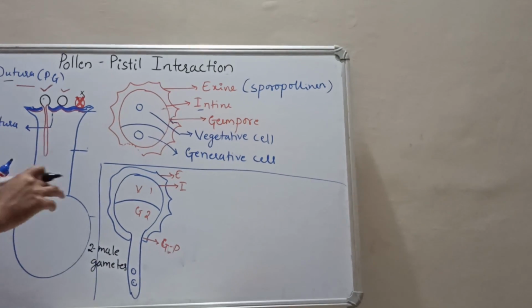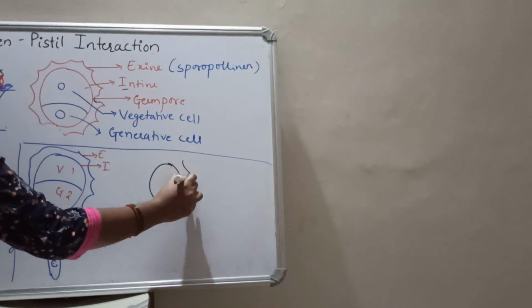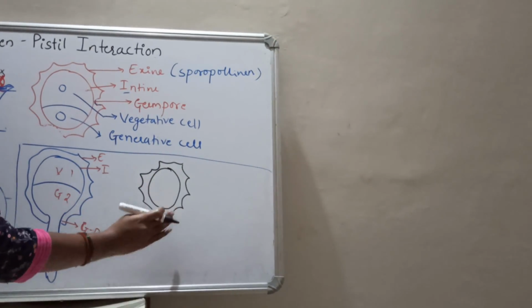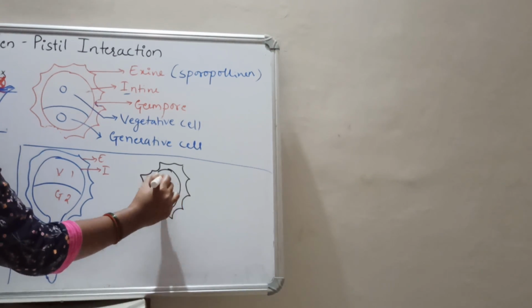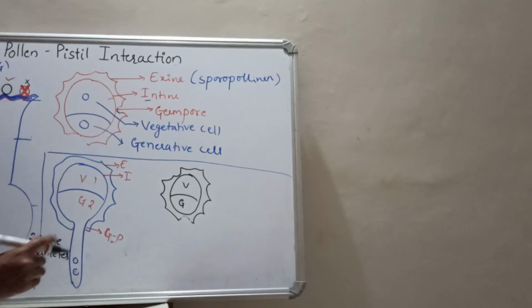In some plants, they release three-celled pollen grains. This is the structure of the pollen grain and this is the germ pore. Here is the vegetative cell and this is the generative cell.